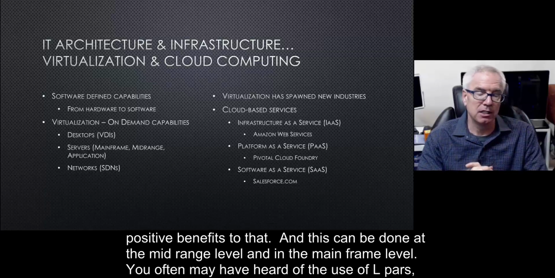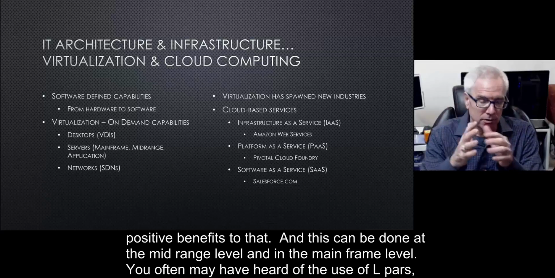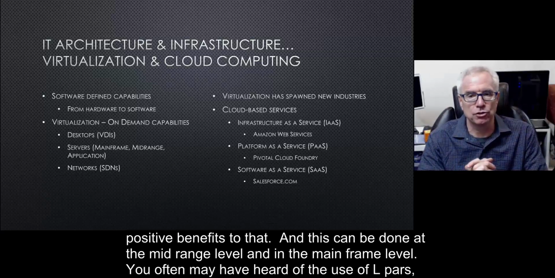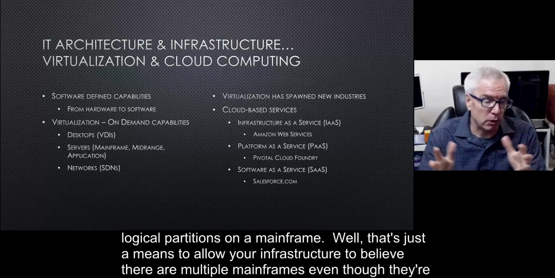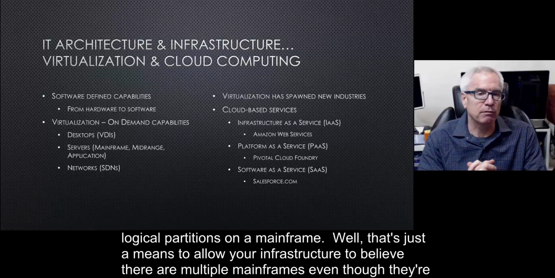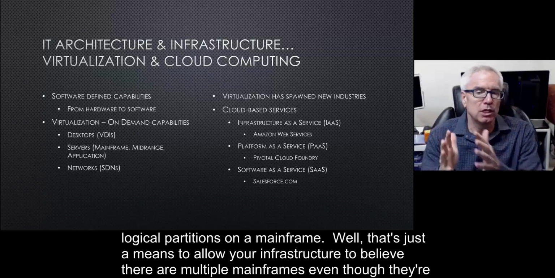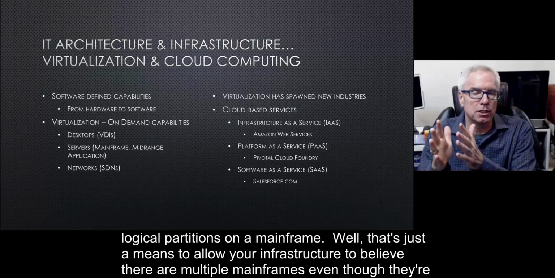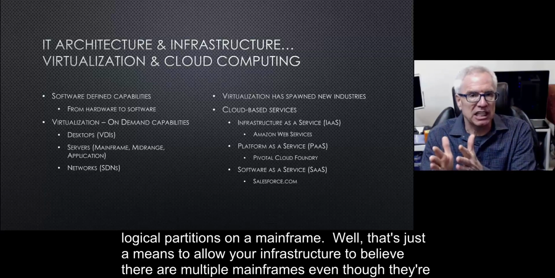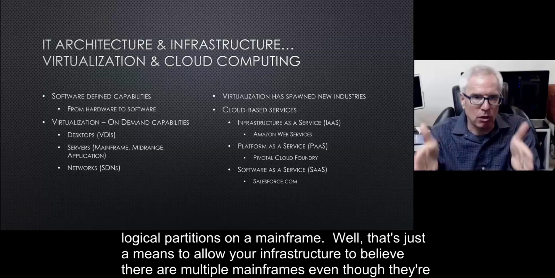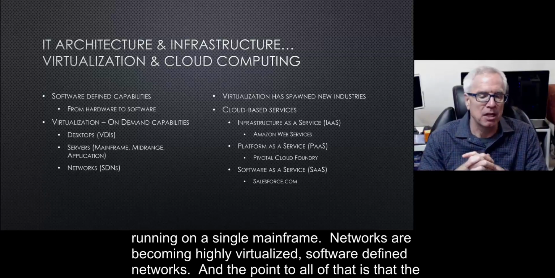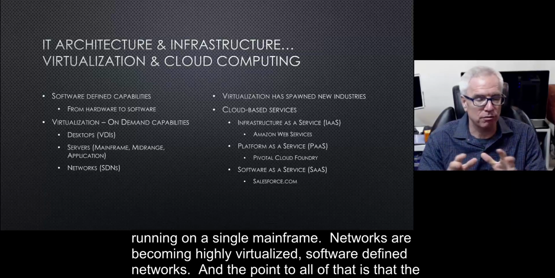And this can be done at the mid-range level and at the mainframe level. You may have heard of the use of LPARs, logical partitions, on a mainframe. Well, that's just a means to allow your infrastructure to believe there are multiple mainframes, even though they're running on a single mainframe. Networks are becoming highly virtualized, software-defined networks.